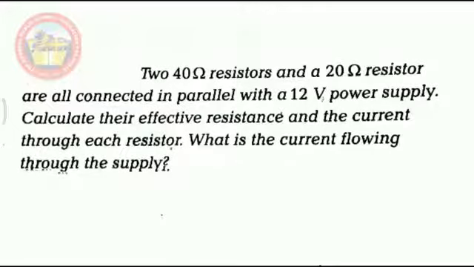Two 40 ohm resistors and a 20 ohm resistor are all connected in parallel with a 12 volt power supply. Calculate their effective resistance and the current through each resistor. What is the current flowing through the supply?